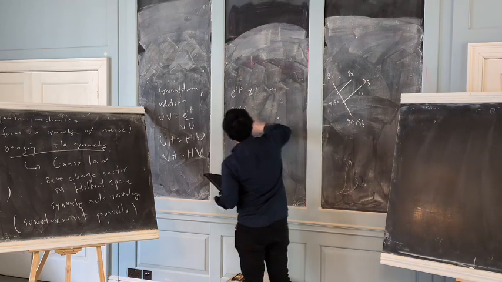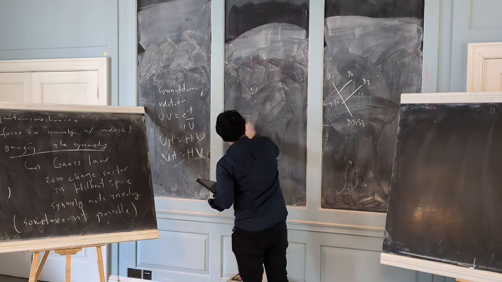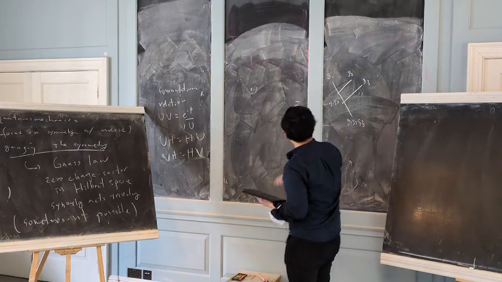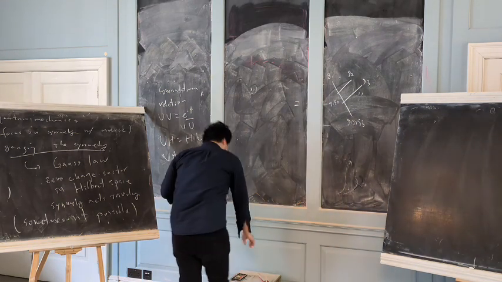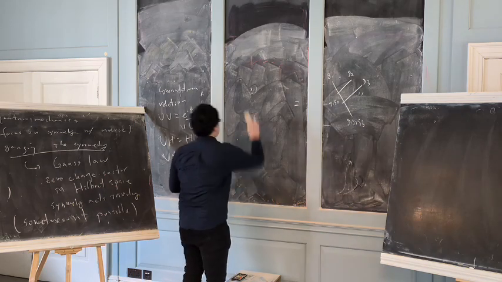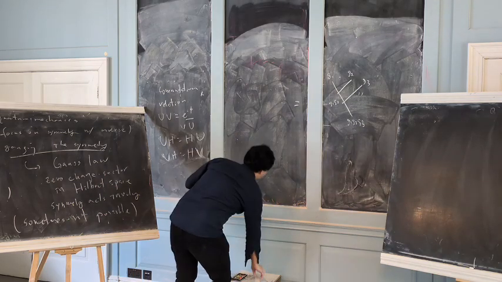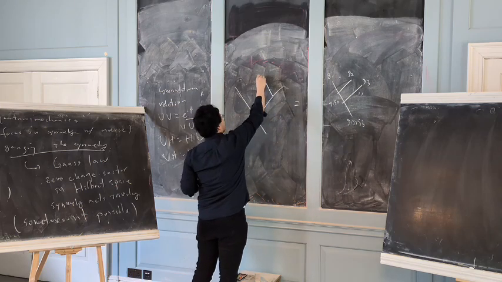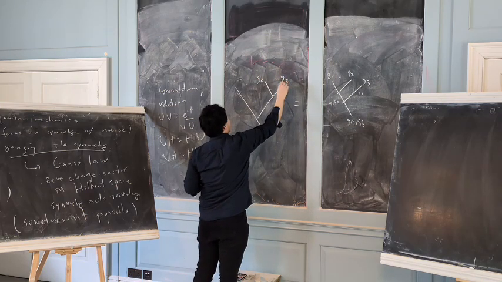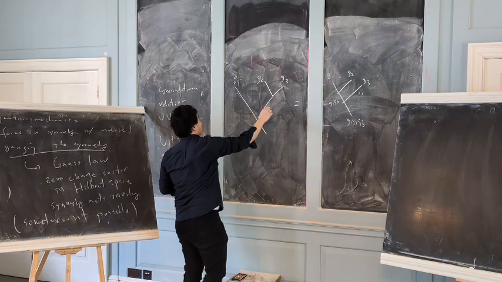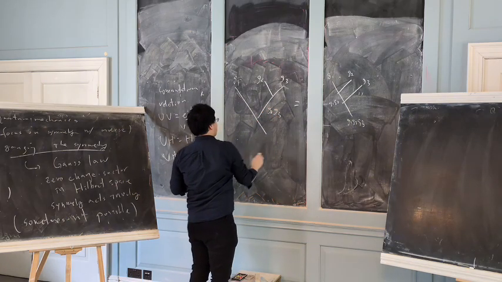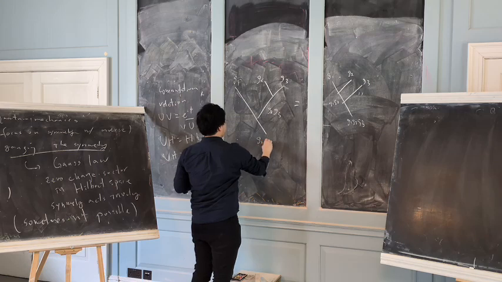So maybe I'll just erase that. There's another way to do the fusion where you fuse g2 and g3 first, into g2g3, and then fuse with g1, to get g1g2g3.